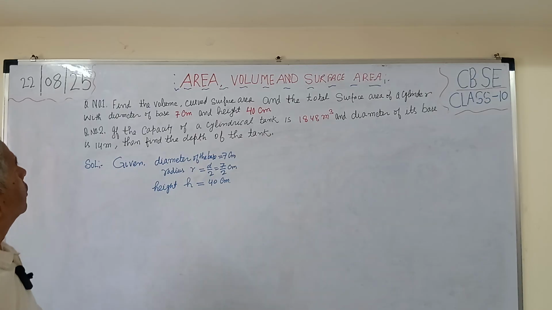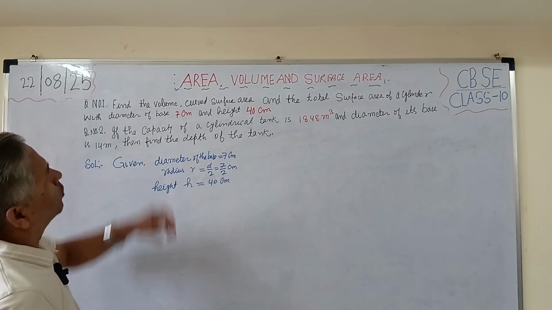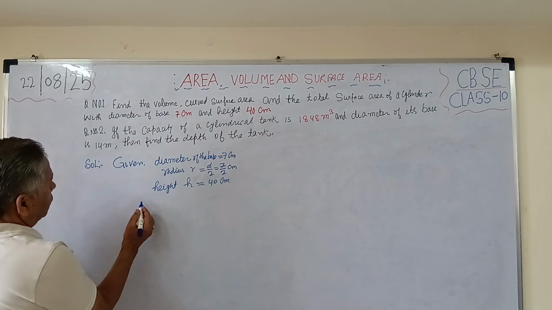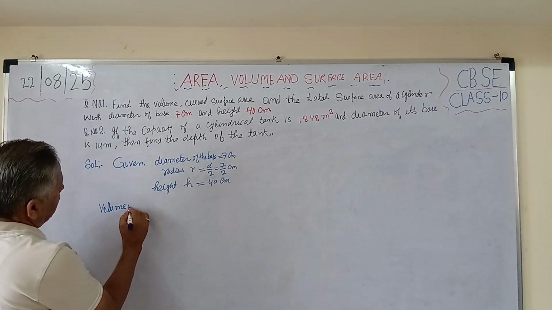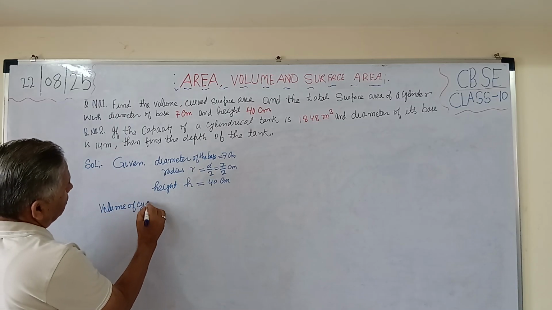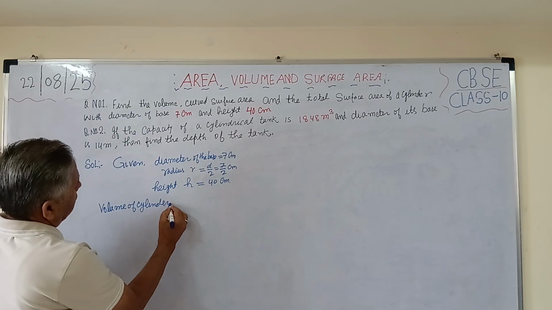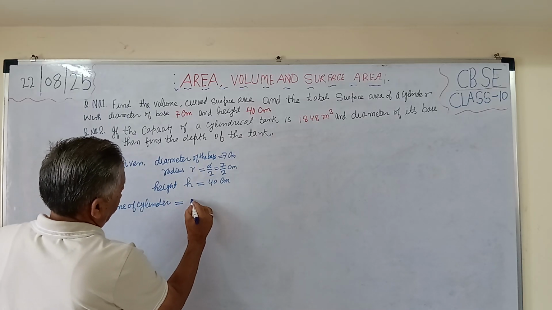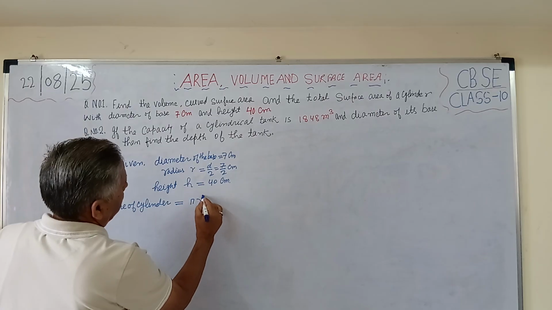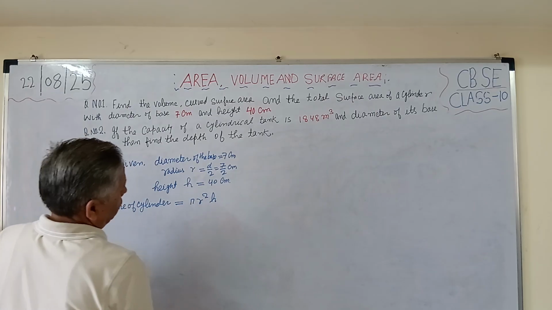Now we have to find out the volume of the cylinder. So we will use the formula, that is volume of cylinder equals to pi r square h.